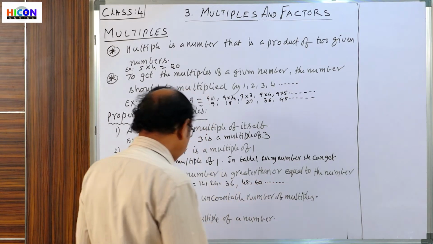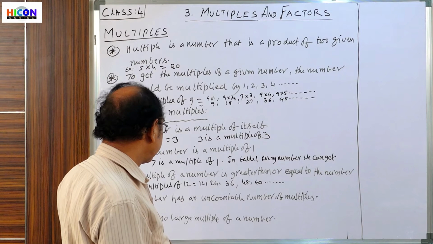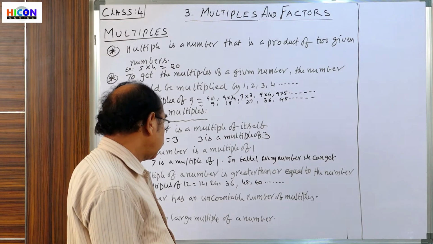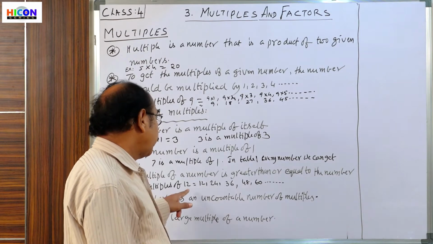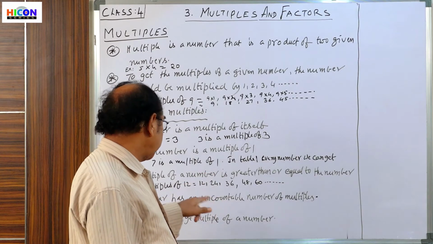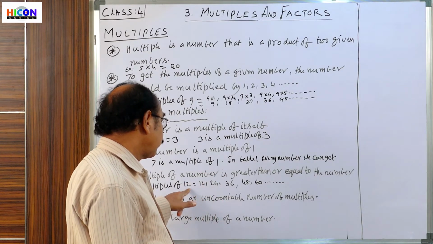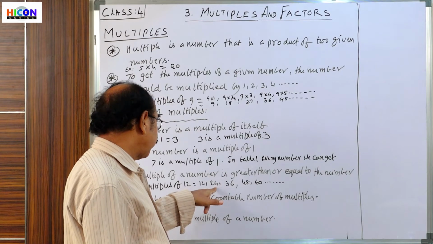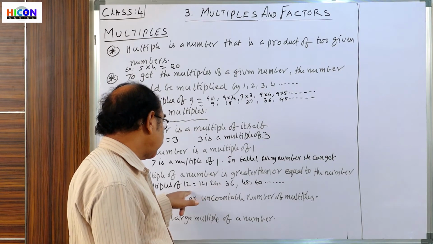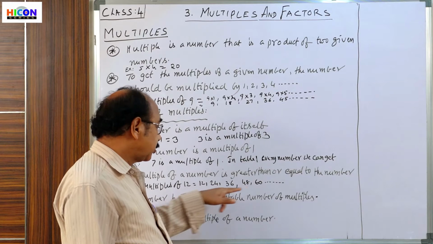Observe, children, in all these, the multiple of 12 is greater than or equal to the number. Here 12 is equal to 12. The remaining, 24 is greater than 12, 36 is greater than 12, 48 is greater than 12, 60 is greater than 12, like that.